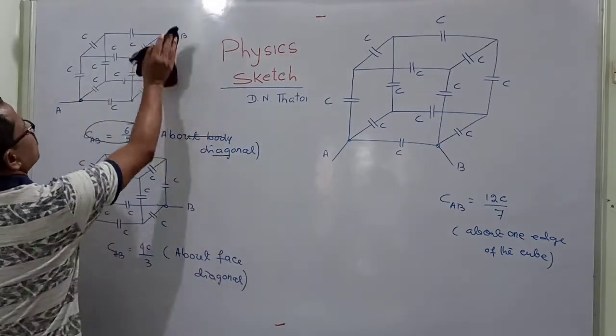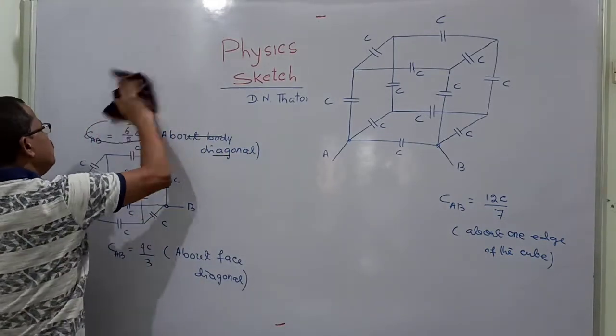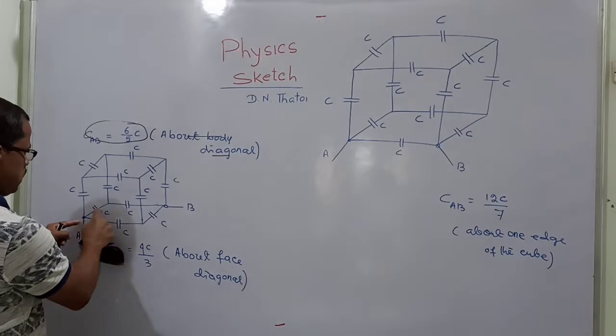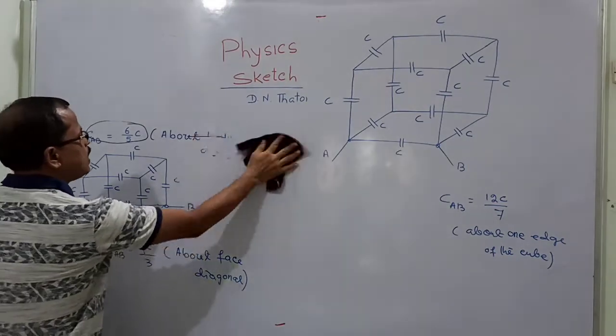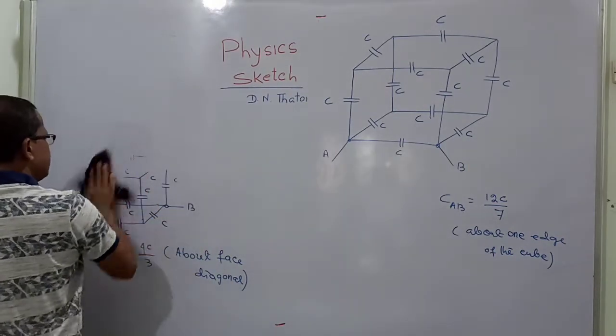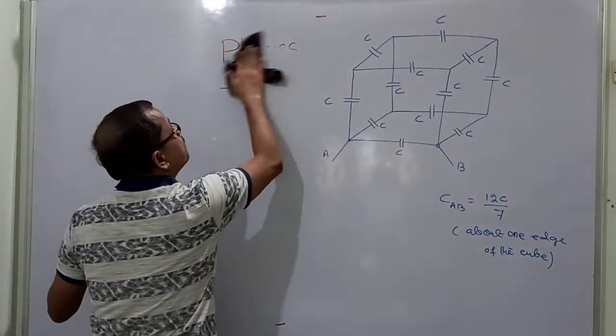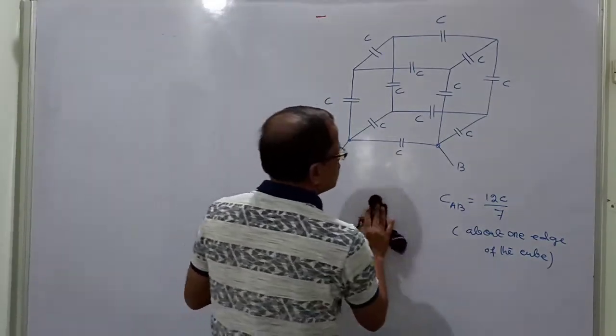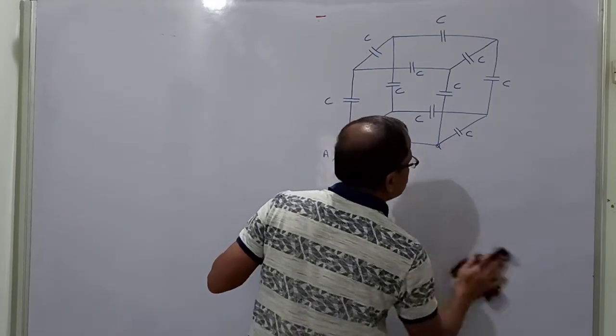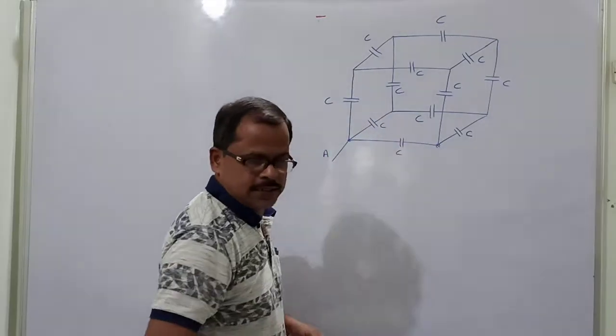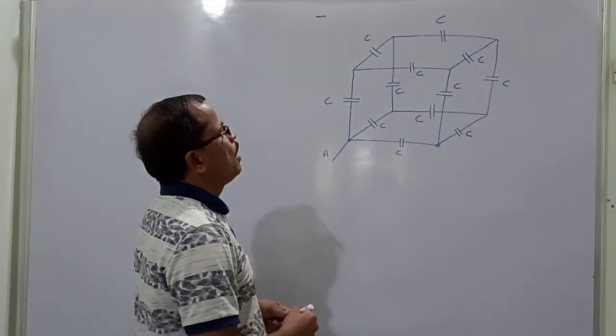You just follow. Now to get the capacitance across the face diagonal of the cube, let us draw the diagram. Let's say this is the cube. There are 12 capacitors at the edges of the cube.